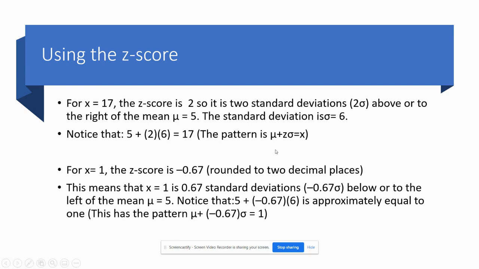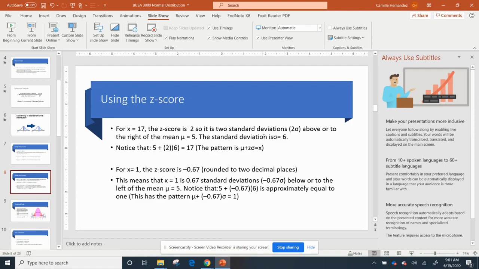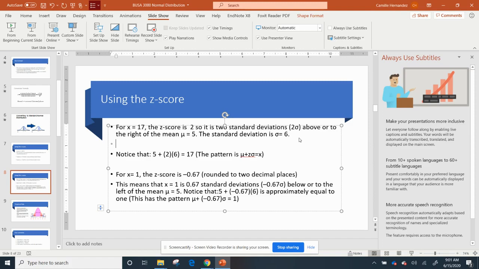So how am I getting that? Let me show you. When I put the formula in, remember, z equals the value minus the mean divided by the standard deviation.